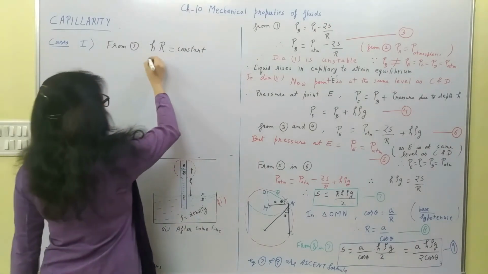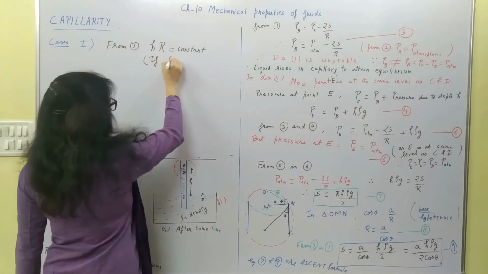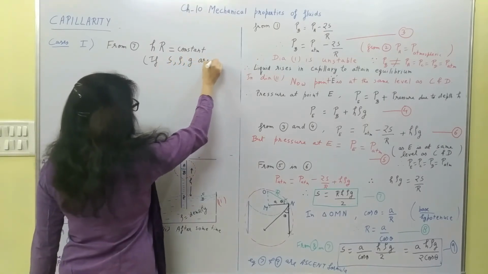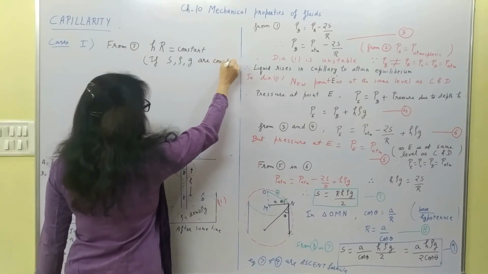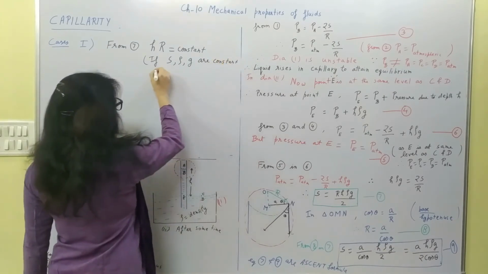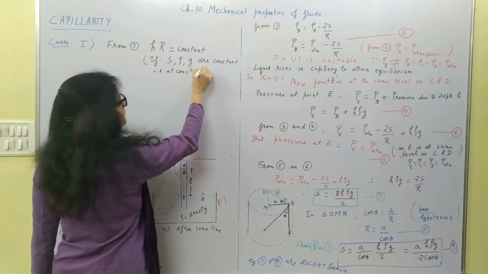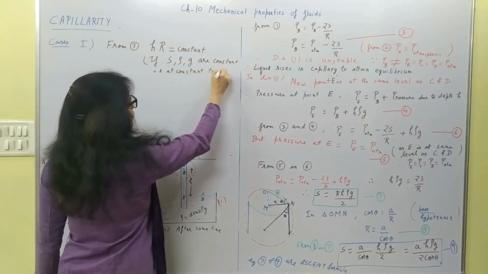So you can say if surface tension, density and G are constant, that is at constant temperature.